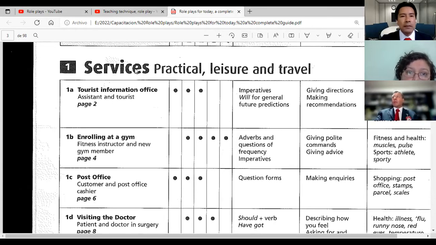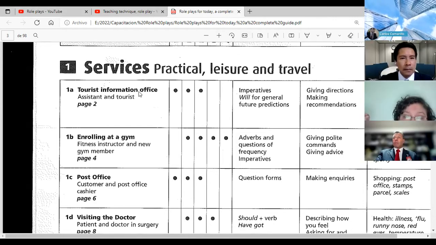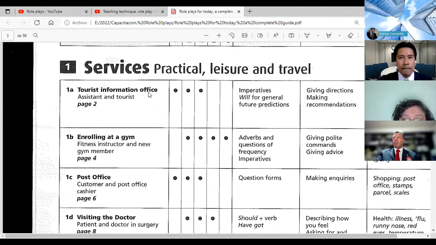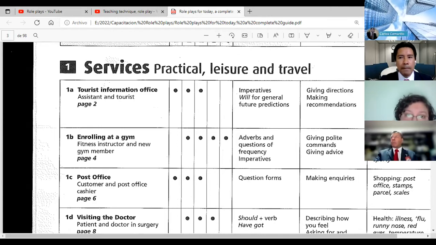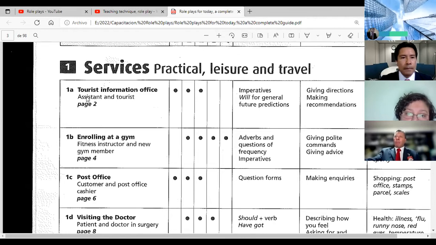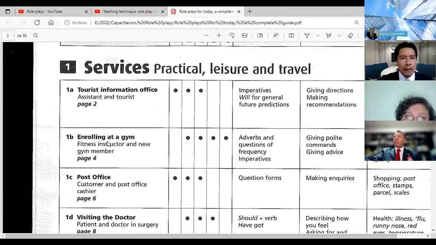Specific situations about services. Carlos, can you tell me the first one? 1A? Carlos? Hello, teacher. Sorry, I was speaking with my microphone. Yes, it's Tourist Information Office, assistant and tourist. The second?